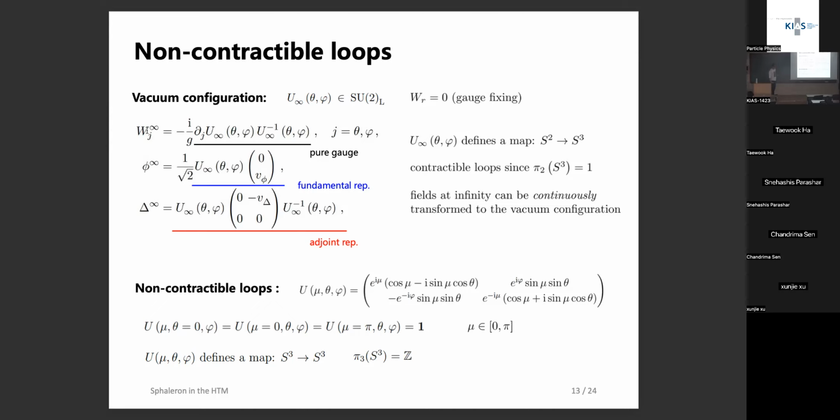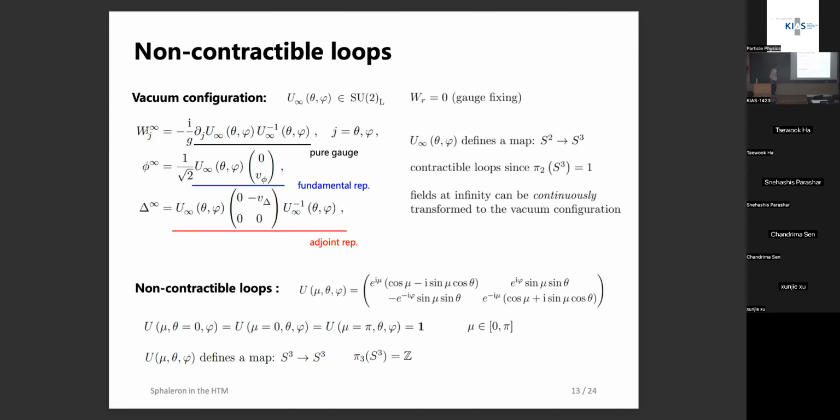The mu parameter is in the range of 0 to pi, and when it takes the value of 0 and pi, you can check that this gives the identity transformation. So this corresponds to the vacuum configuration. This means the start point and the end point correspond to the vacuum. And when mu varies from 0 to pi, it will parameterize the loop from one vacuum to another vacuum.